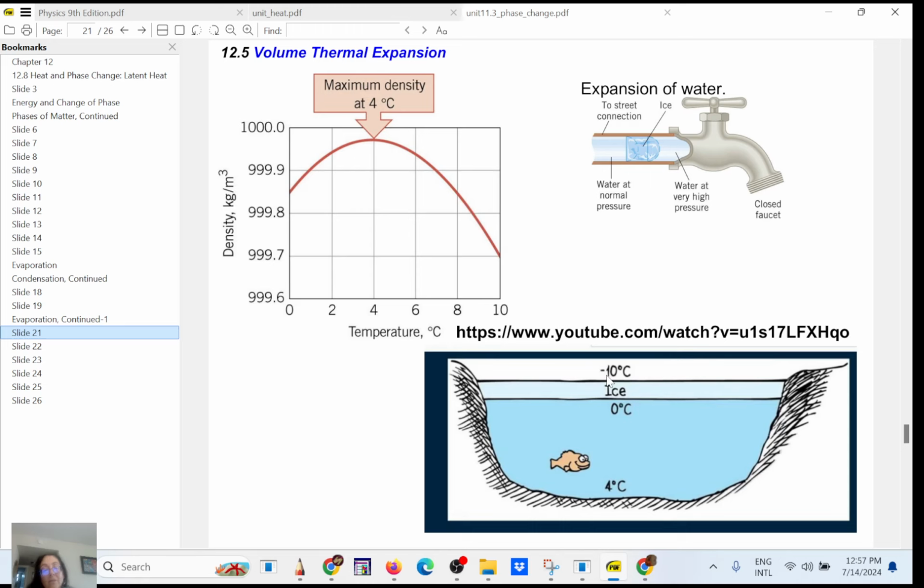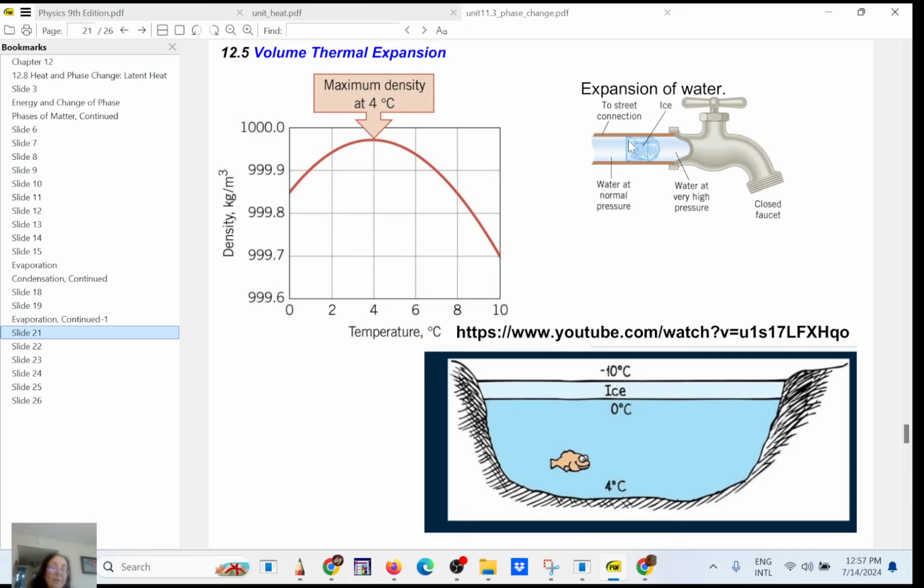So the density of ice is less than liquid. And then when it's going into the liquid state, the density is going to increase, okay, between 0 and 4 degrees Celsius. So we are in the liquid state and it's increasing, and then it's going to decrease again.